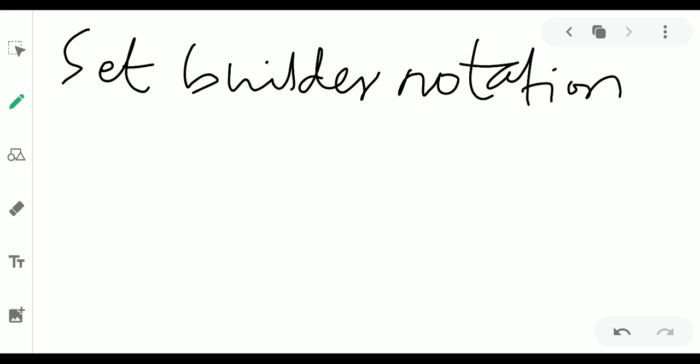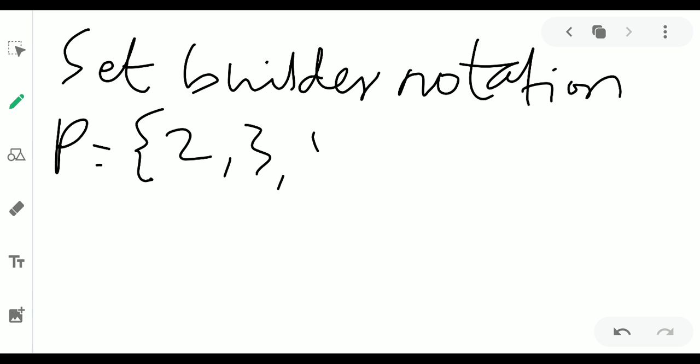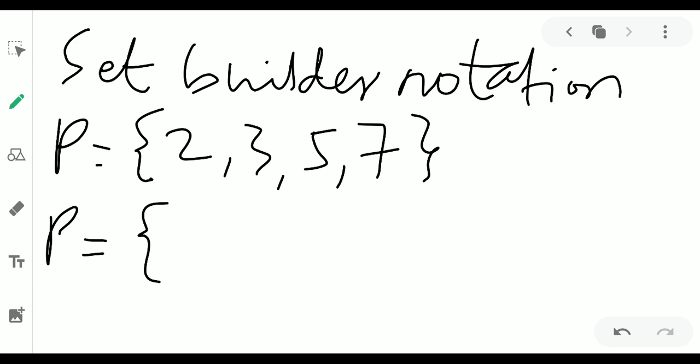All right. So if I have set P like this, that is 2, 3, 5, 7, and I want to use the set builder notation to write this, what I will do is I will look at it carefully. So I write P, then put the curly brackets.